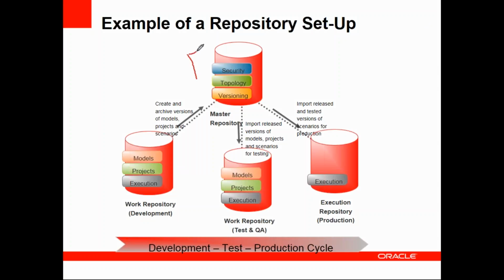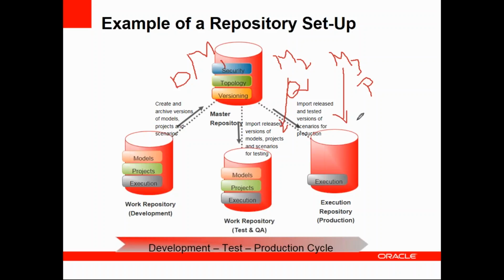Let's see, this is M1, this is M2, and this is M3. This is for development, this is for testing, and this is for production. Now this is pointing to this one and this is pointing to this one.